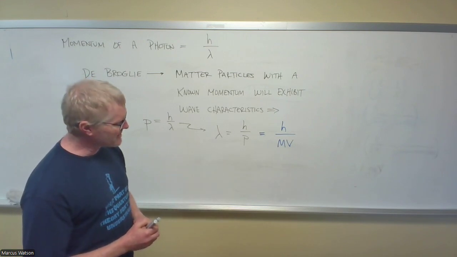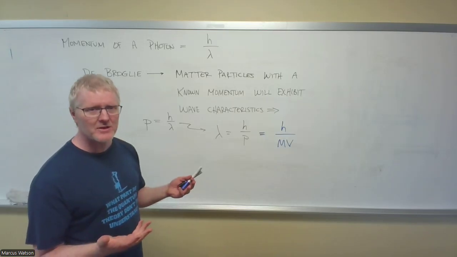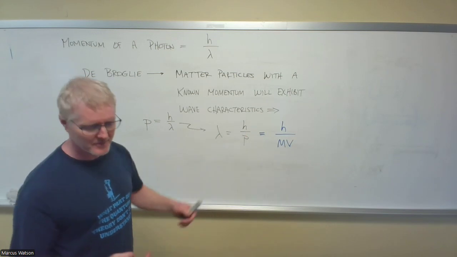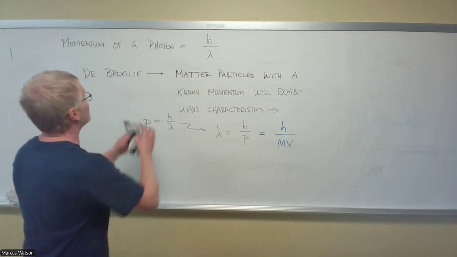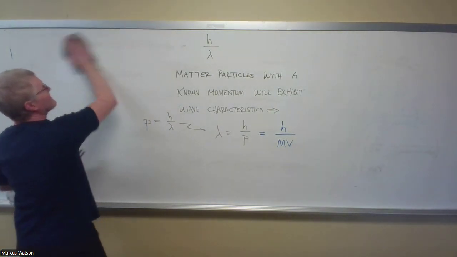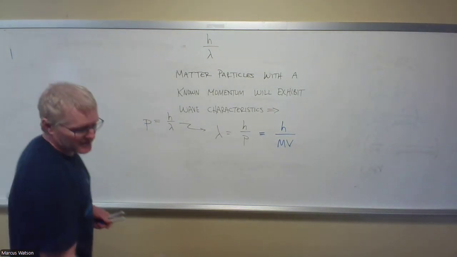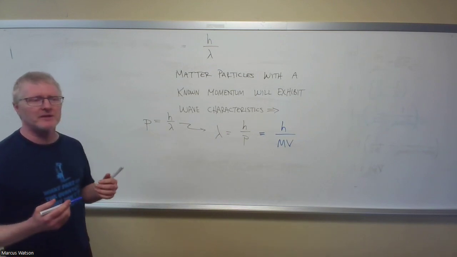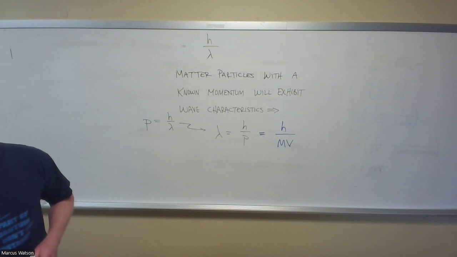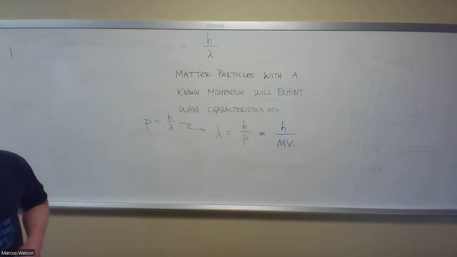So let's take a look at some of this. First of all, let's look at what kind of wavelengths we're talking about with different speeds. Let's start by assuming some different speeds and looking at what the de Broglie wavelength is for that.